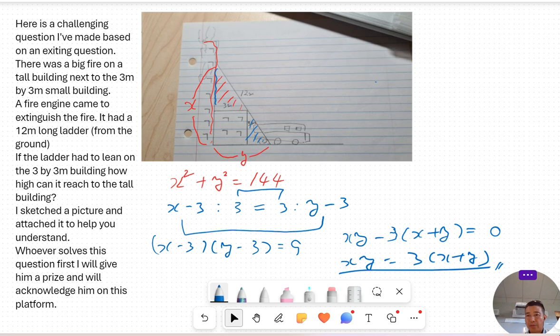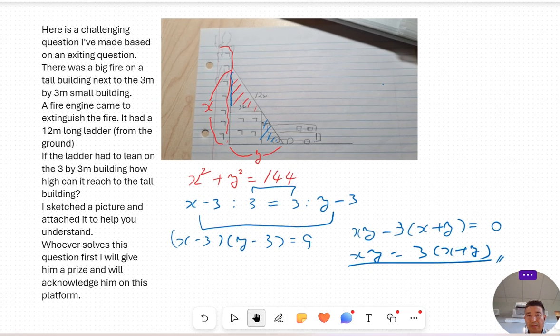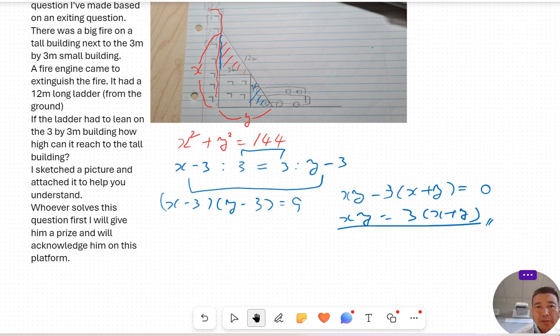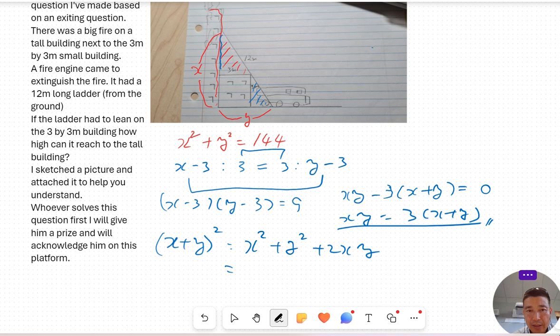Now, because we know x squared plus y squared, and we have a relationship between xy and x plus y, why don't I say (x plus y) squared? That is x squared plus y squared plus 2xy, isn't it? Right? So you see xy, so I can say this is x squared plus y squared plus 2 times 3(x plus y), which means 6(x plus y), isn't it?